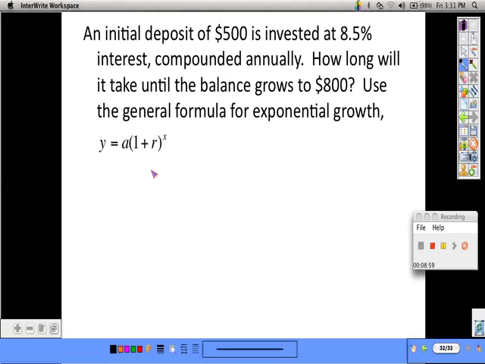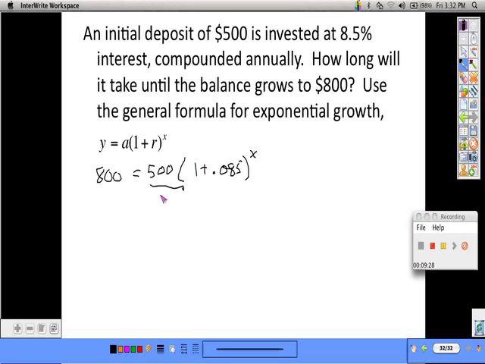This problem is a spin-off of yesterday's problem. We're investing our $500. This time we know the interest rate, and we want to know how long it will take to get to be $800. So 800 equals 500 times 1 plus 0.085, got to change the percent to a decimal, raised to the x.